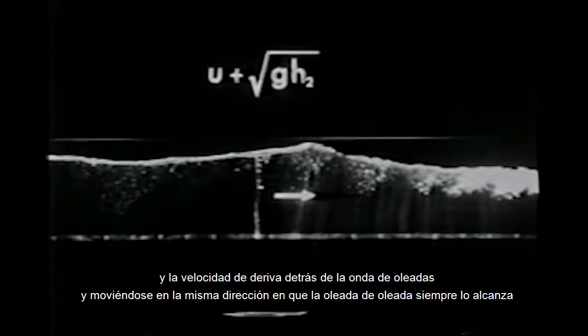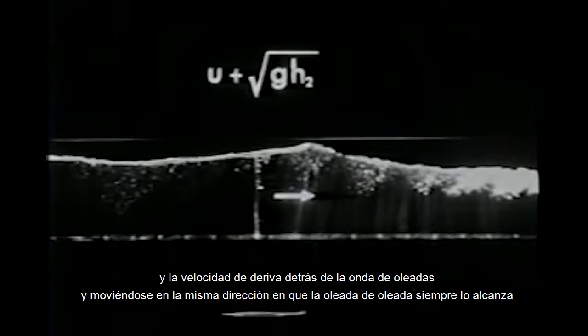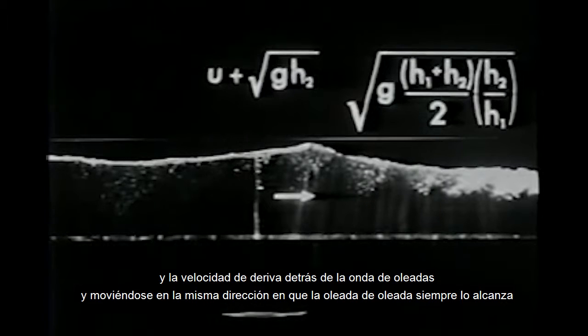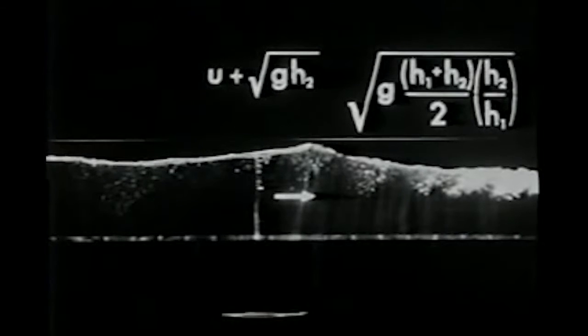And thus, small amplitude waves behind the surge wave and moving in the same direction as the surge wave always catch up to it. In reality, these surge waves move at a fair clip.